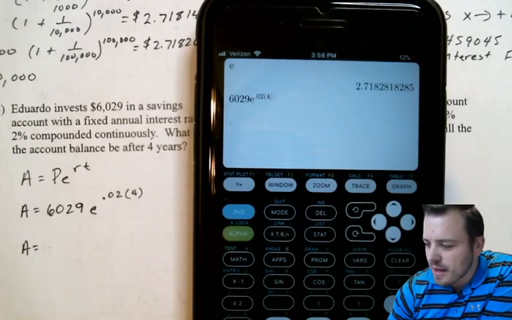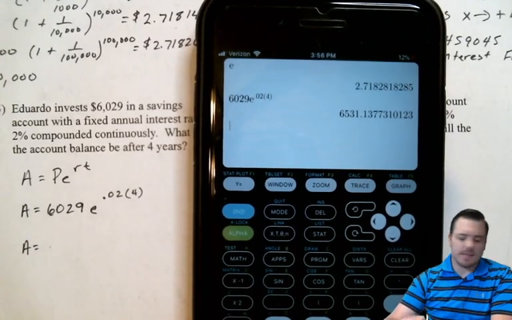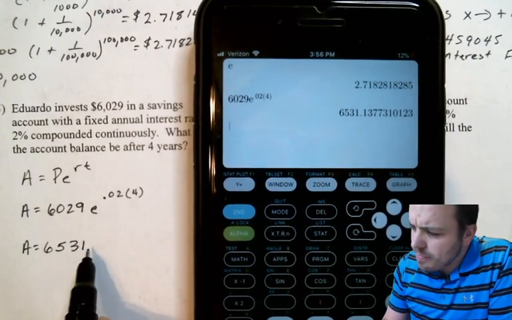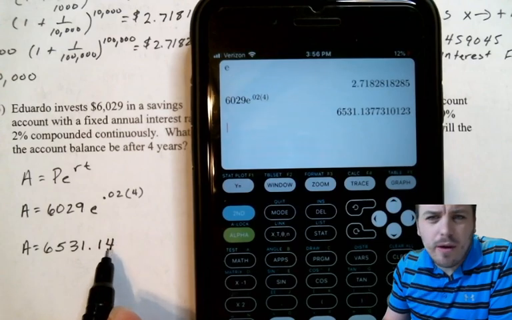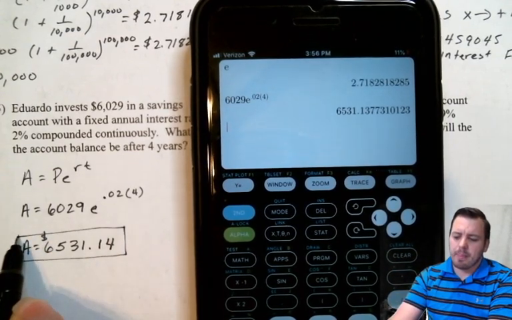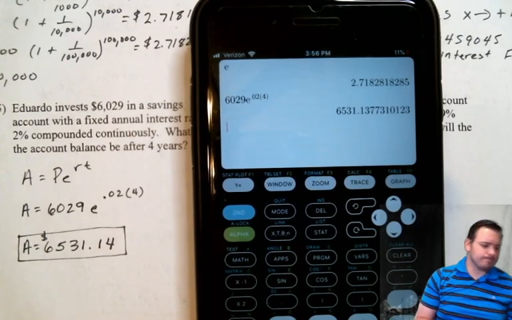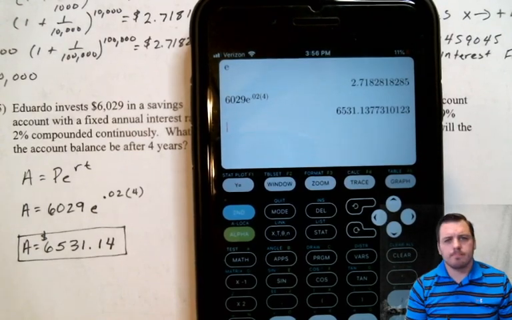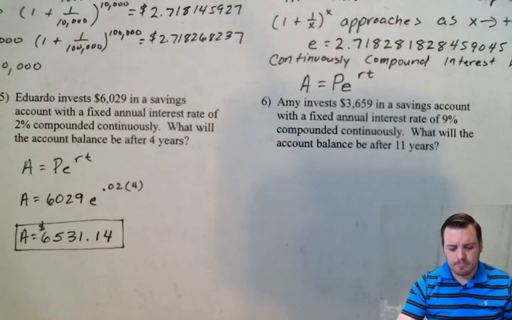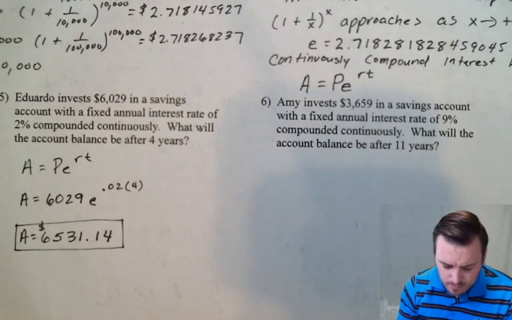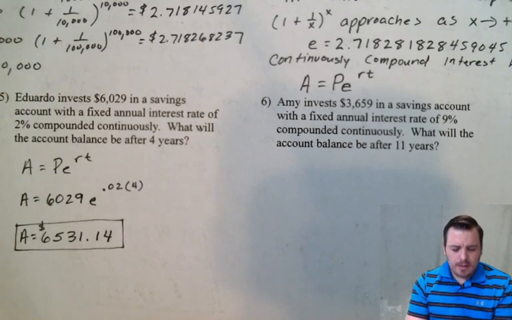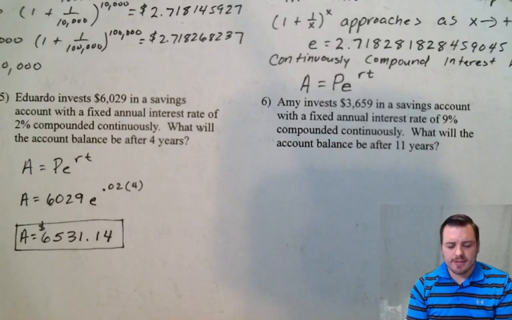I hit enter, and I get the amount of $6,531.14 when I round to the nearest cent. And that's how I would type it into the calculator. And that's the way the cookie crumbles, guys.